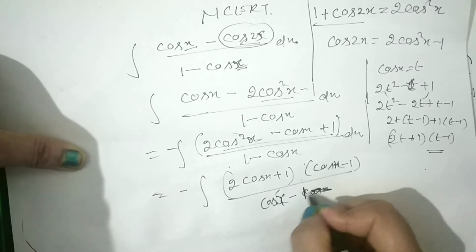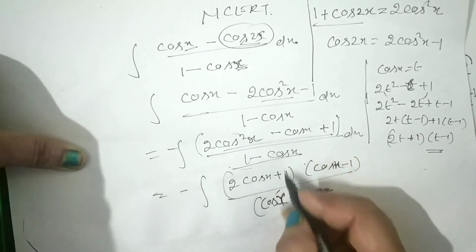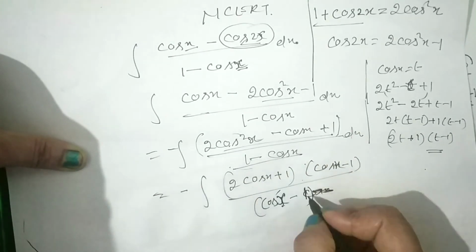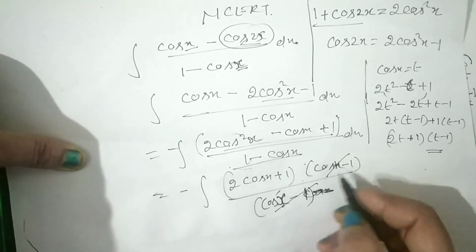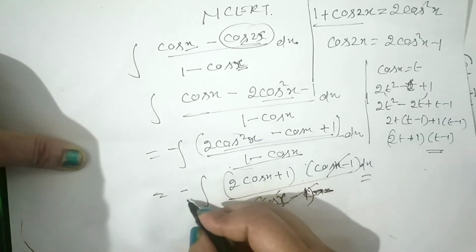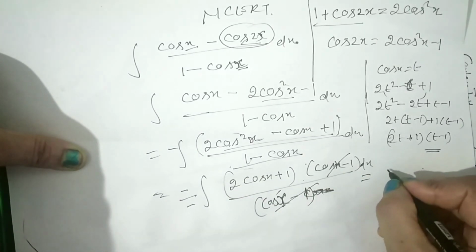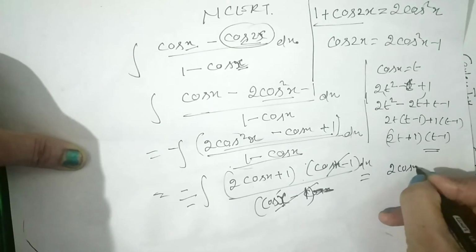After taking the minus sign common, cos x will become positive and 1 will become negative, so that it will cancel, and the minus also cancels because we have taken the minus sign from the denominator also. So it will be 2 cos x plus 1.